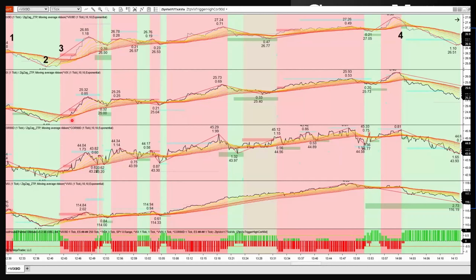Where you see Bloodhound go to green at 0.1 was that low I just showed you on the previous chart, and then price traded 23 points higher. 0.2 right here was that resistance high, and 3 minutes later we were right here, where the VIXs were now in agreement that we were going to be selling off.